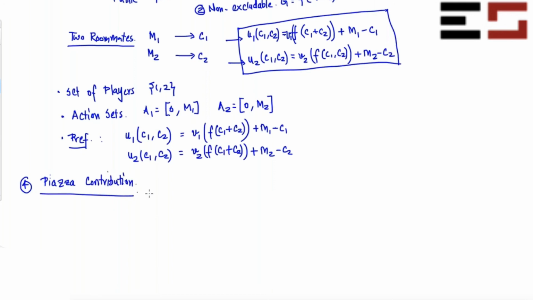So it's basically the game amongst all of you, where everyone is going to choose some effort. Suppose you know the answer to a particular question, then you have to put in some effort to type that answer and post it on Piazza.